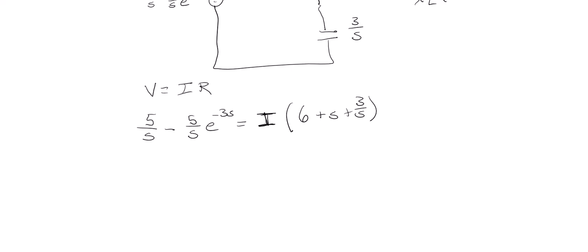So I can solve for I. I'm going to write this as 5 minus 5e to the negative 3s over s, over 6 plus s plus 3 over s.